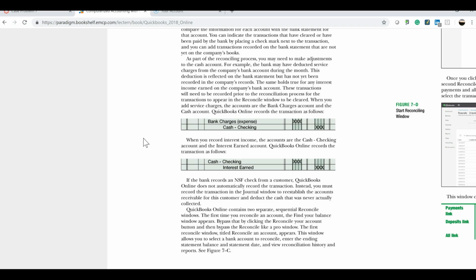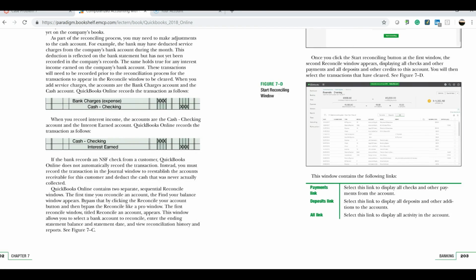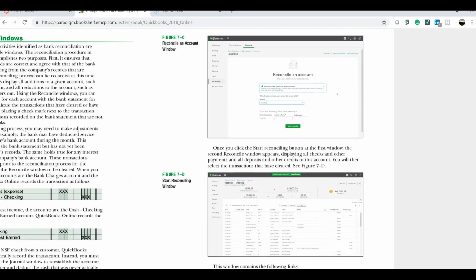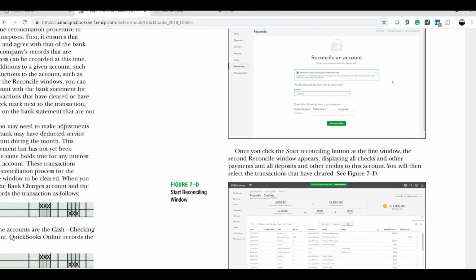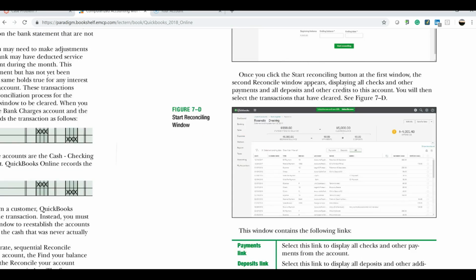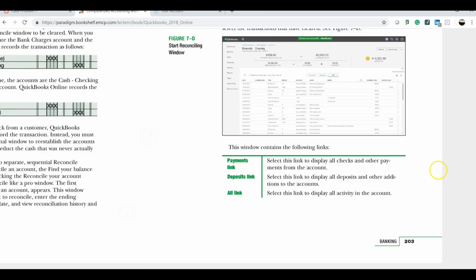You also may earn interest on your checking account, so interest earned is credited and cash is debited because you're adding to it. That's a positive thing. And it shows you some pictures of how you'll do it in the tutorial.